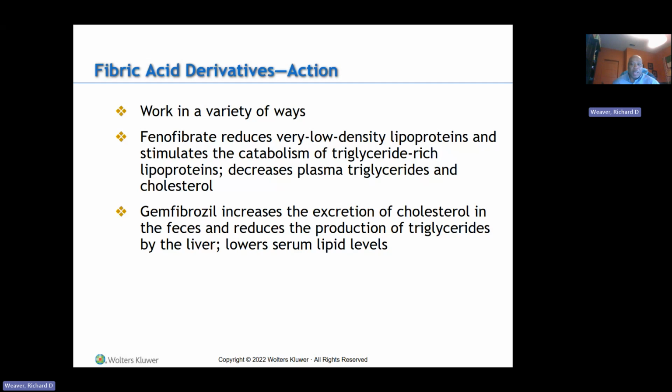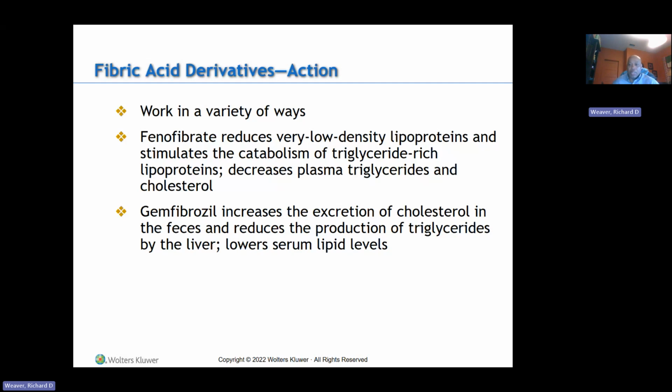Now, the fenofibrate acts by reducing very low density lipoproteins. We also refer to these as the VLDLs, and they stimulate the catabolism of triglyceride-rich lipoproteins.